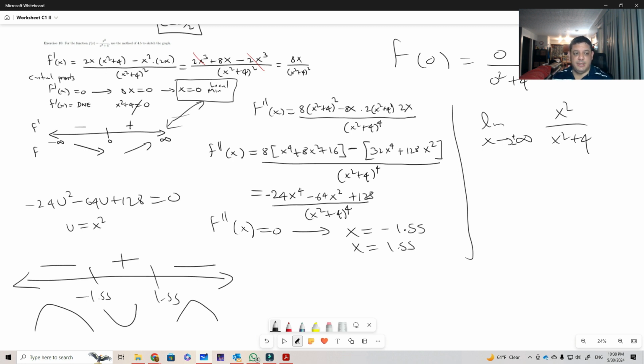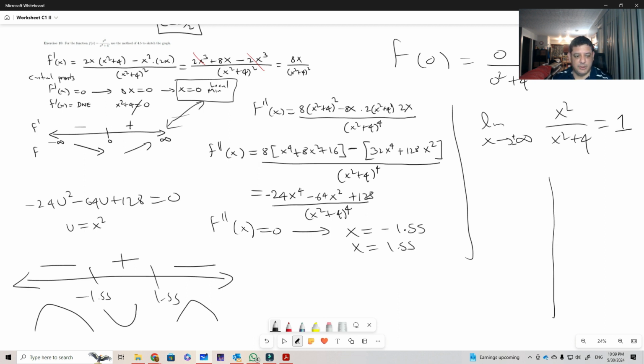When I take the limit, you can do it by L'Hopital's rule or whatever you want. This is going to be essentially 1, because at some point it gives me 2 over 2, which is 1. And so this means that the asymptote when we go to infinity is 1.